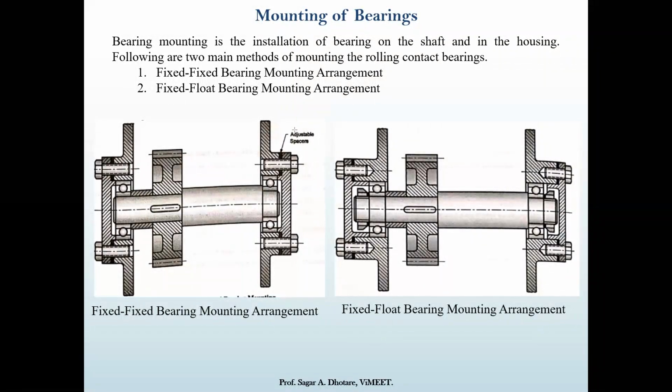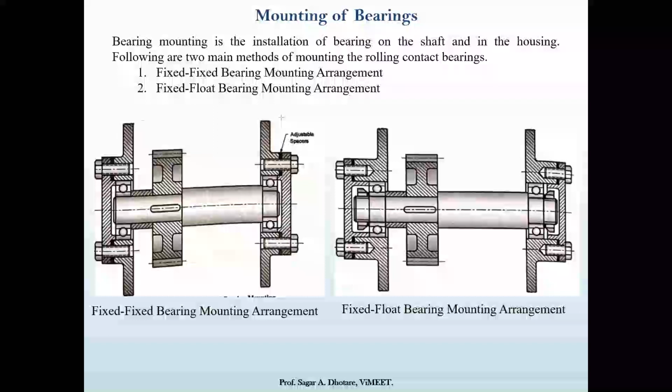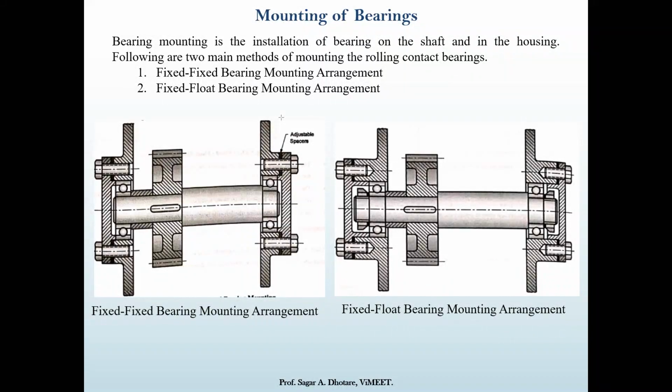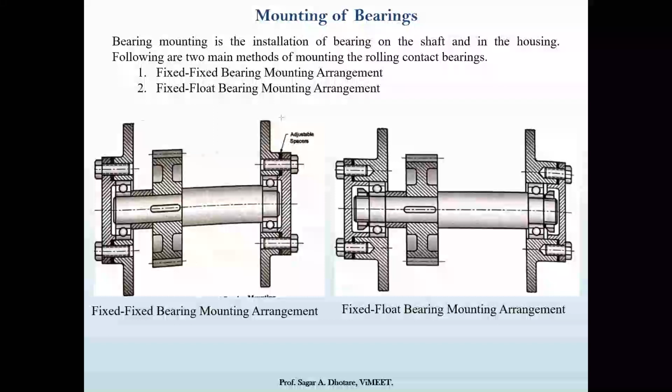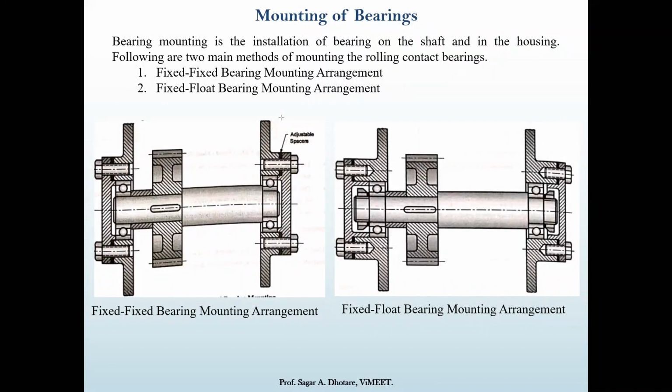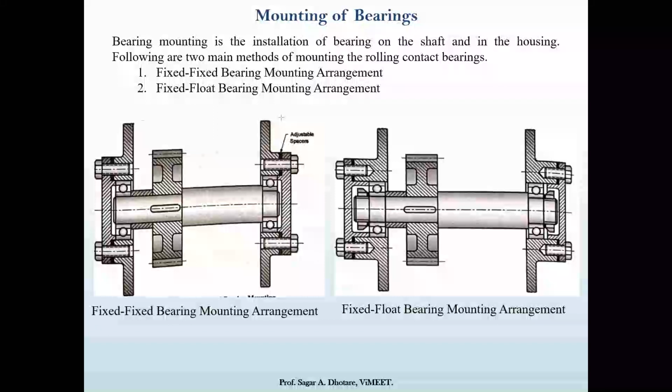It has a disadvantage that if the distance between bearings is large, the temperature rise during operation may expand the shaft enough to induce several axial loads in the bearings. So this is a huge disadvantage of the fixed bearing. As both ends are fixed, heat generation is high, so a proper cooling arrangement is needed.